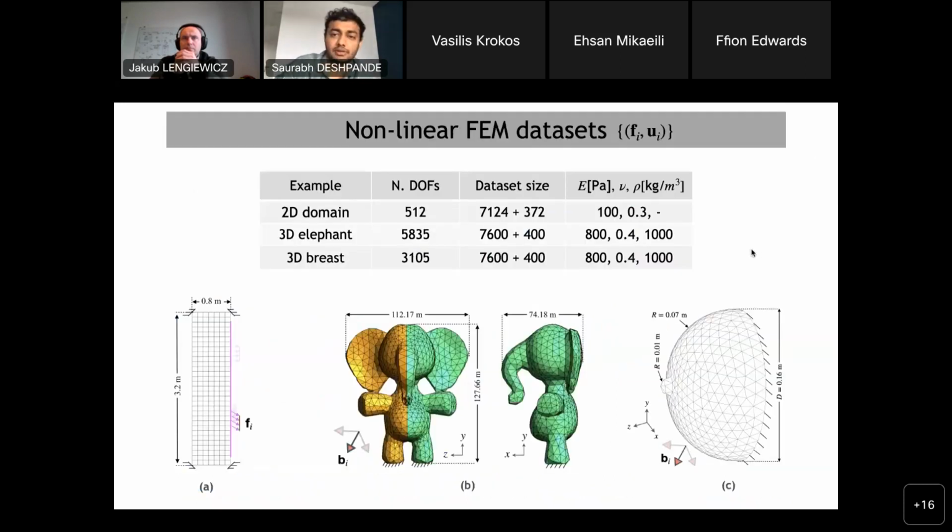So a bit about datasets. In this presentation, I showed the implementation on these three kinds of datasets where you have traction forces as well as body forces applied on quads as well as very arbitrary tetrahedra. And this is the breast deformation problem that some other members in the team work on quite extensively. So these are the degrees of freedom and the sizes of the data as well as the properties of the material.